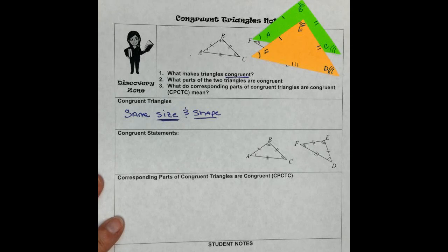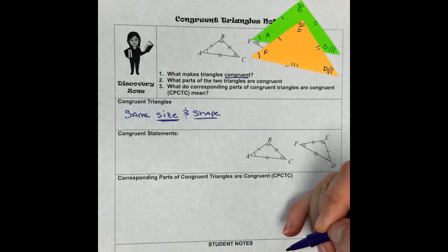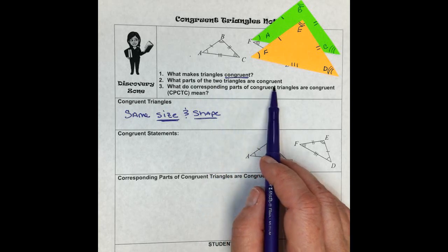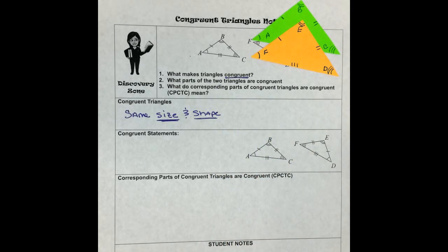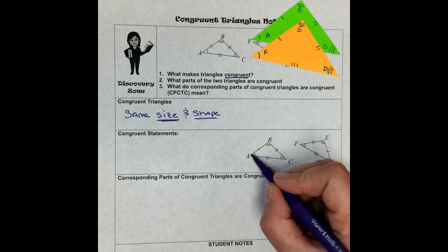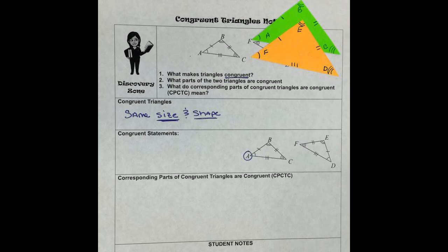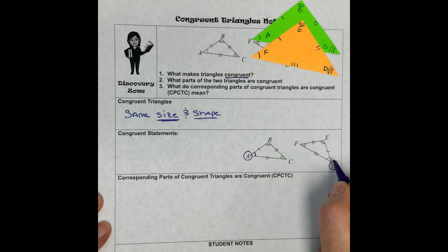So now, if we're talking about what parts of the two triangles are congruent, it's very important that you pick a spot to start. So I'm going to find this angle right here, A, which is one arc, and I'm going to go find the same one over here, which is angle D. So they each have the same arc.